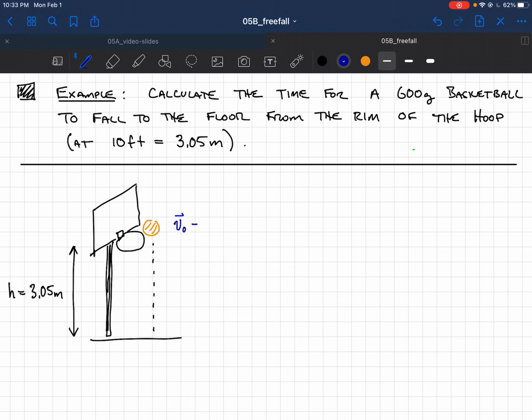So our initial velocity has a magnitude of 0, and then when it hits the ground, it will have some non-zero velocity, v final. And if this is t equal to 0, then we could call this t final, the amount of time that it took to fall.